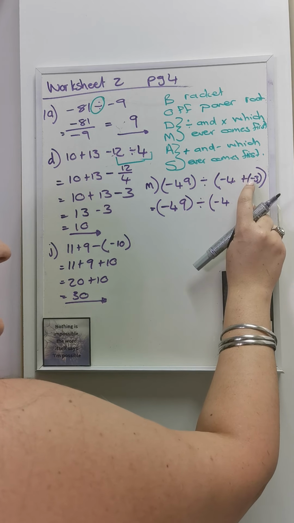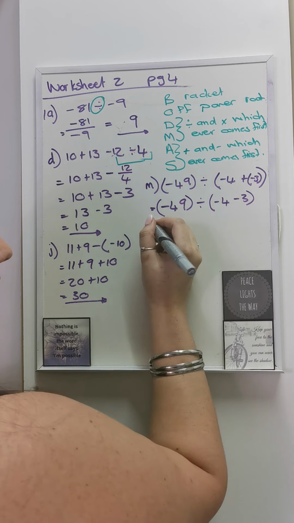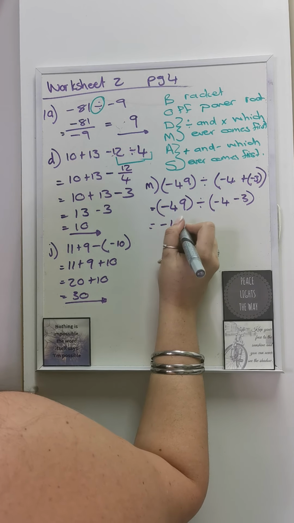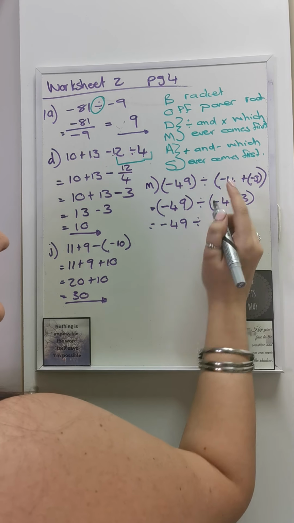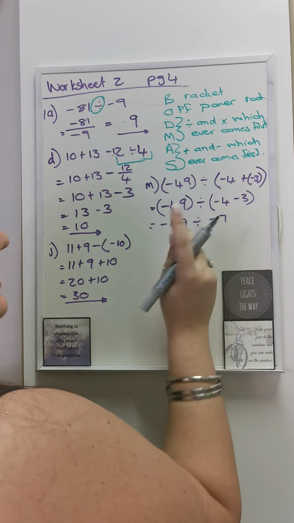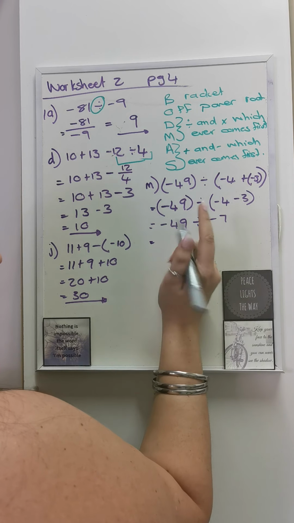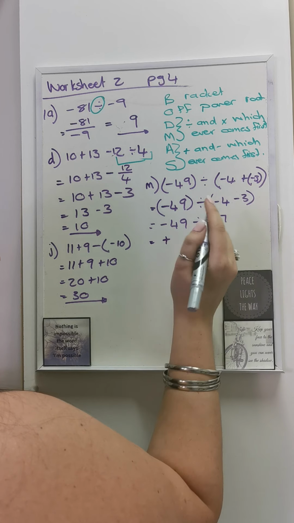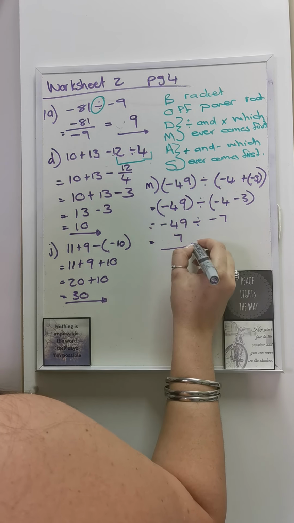A positive times a negative gives me negative, so it will be negative 3. So it's going to be negative 49 divided by negative 4 minus 3 gives you negative 7. So negative 49 divided by negative 7. Negative divided by negative gives you positive. 49 divided by 7 is 7. So my answer is only 7.